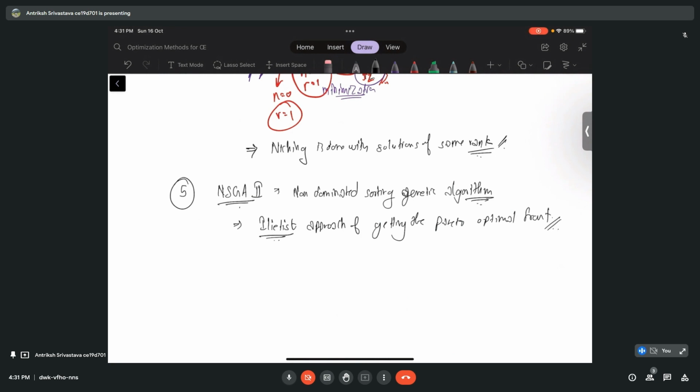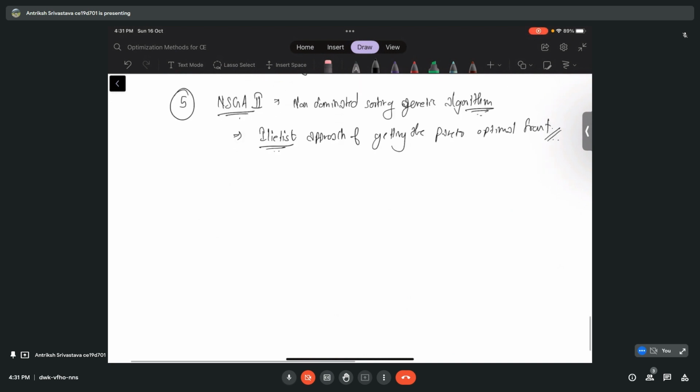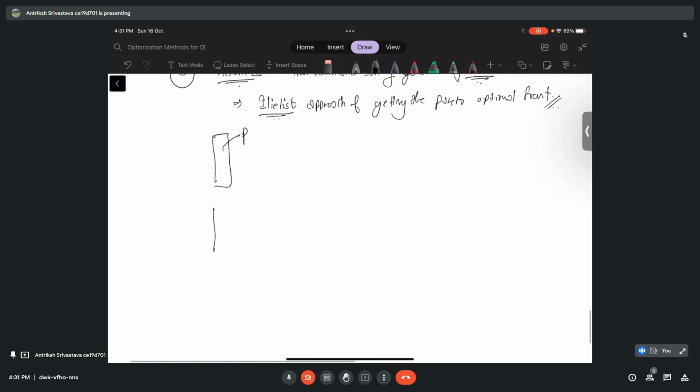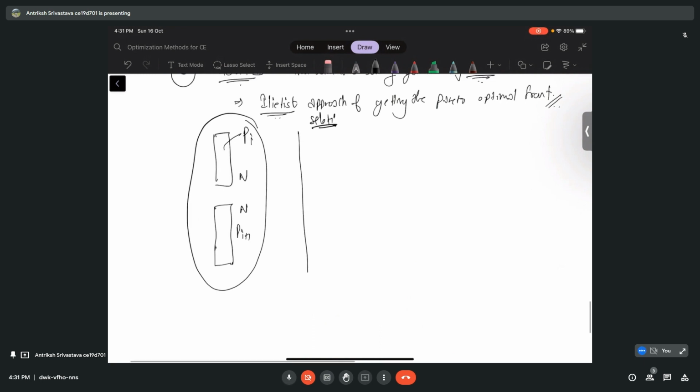Why is it called elitist? Because we have our population, we create our new generation, let's call these Pi and Pi+1, and each will have n elements. When we create this to perform the selection, the solution pool will include both the initial or past population and the new generation.